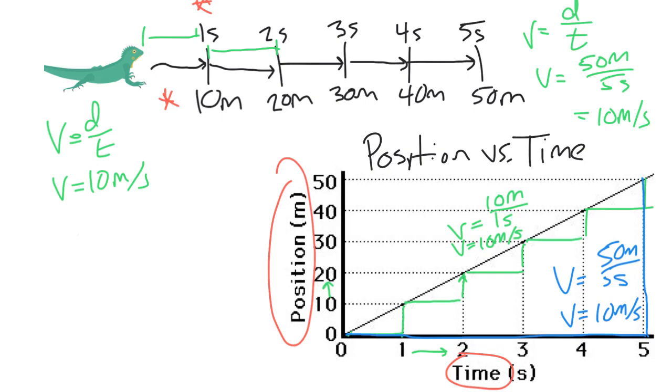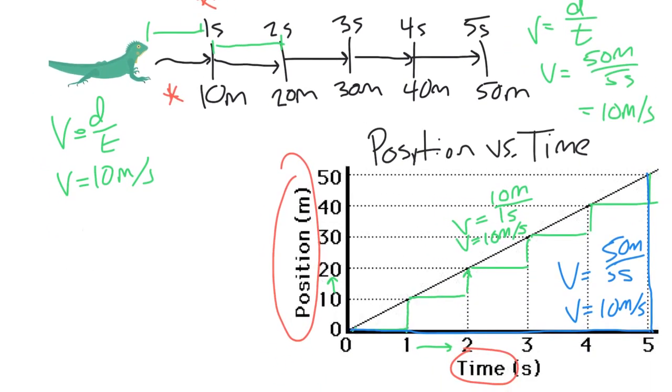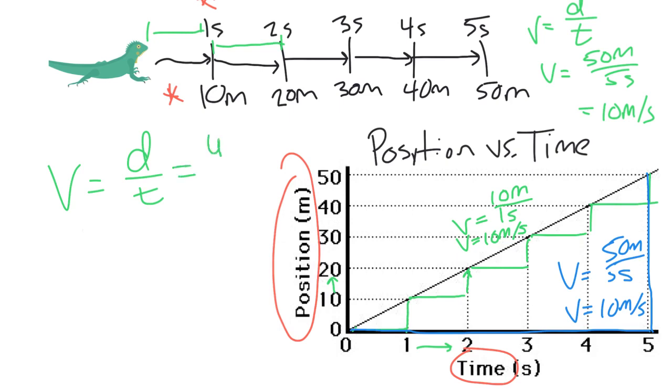We know that velocity has an equation of distance divided by time. In a position versus time graph, our distance is on our y-axis and our time is on our x-axis. And so if you remember from math class, the slope of a line equals rise over run.